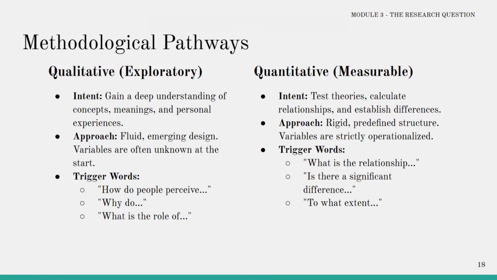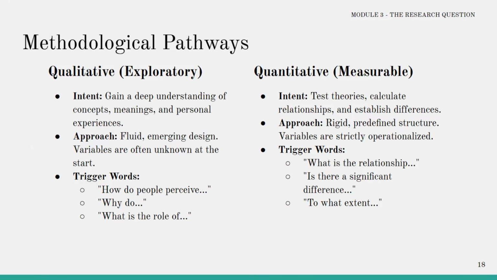Quantitative means it should be more factual, more measurable. The intent should be to test theories, calculate relationships, and establish differences. The approach should be rigid, with a predefined structure, and variables are strictly operationalized.